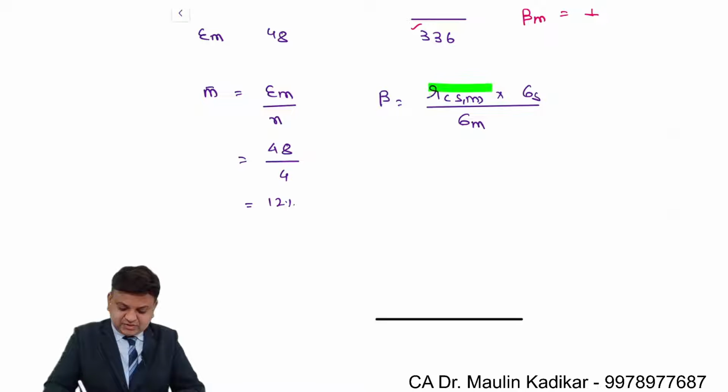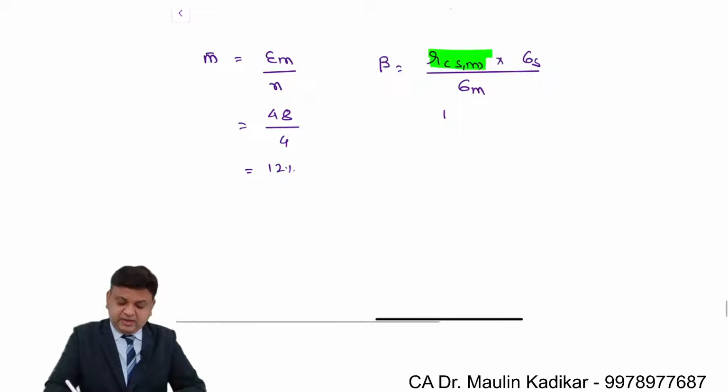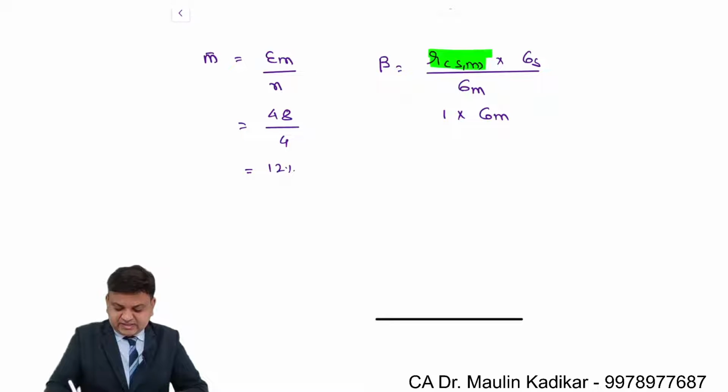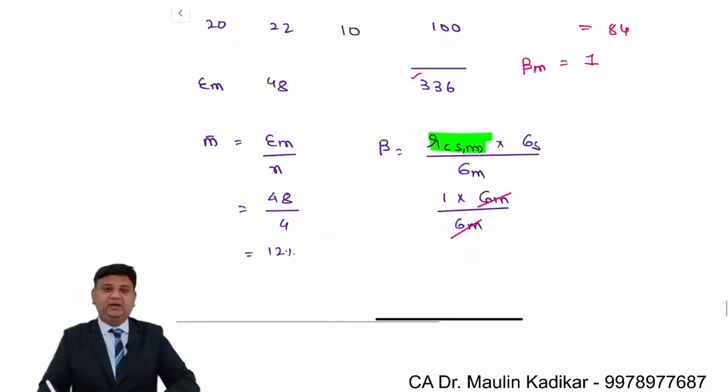As far as the correlation coefficient is concerned, it is market with market. R of market with market will always be 1, into standard deviation of the market divided by again standard deviation of market. The standard deviations will cancel against one another. So we can say that the beta of the market portfolio will always be 1.